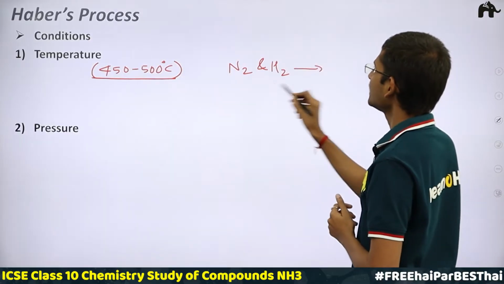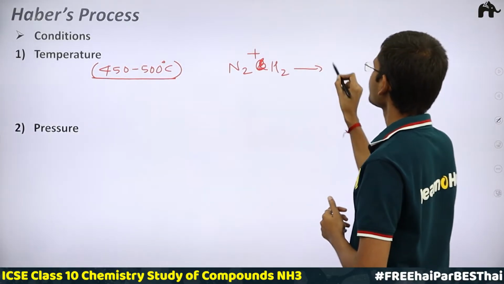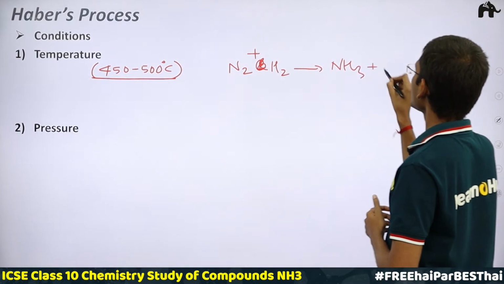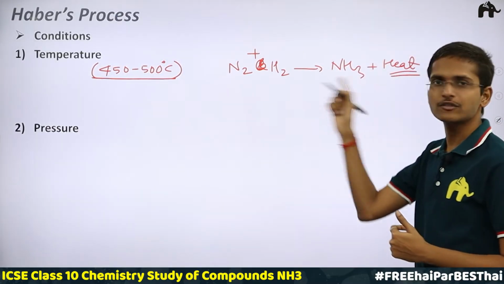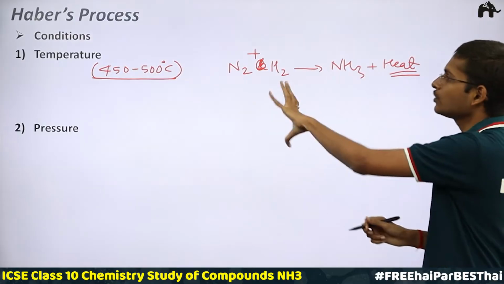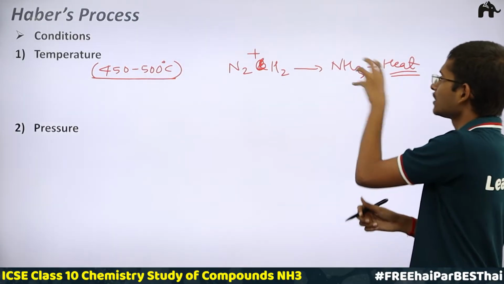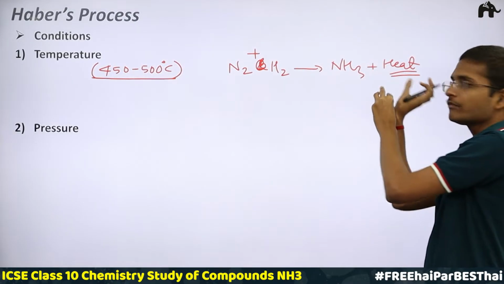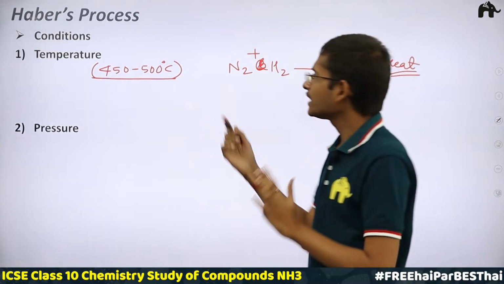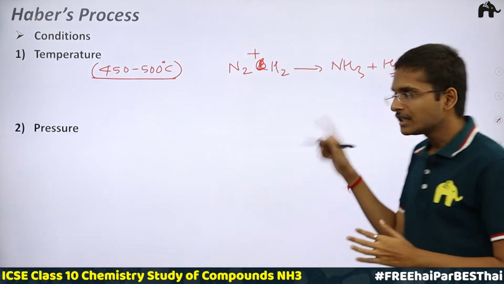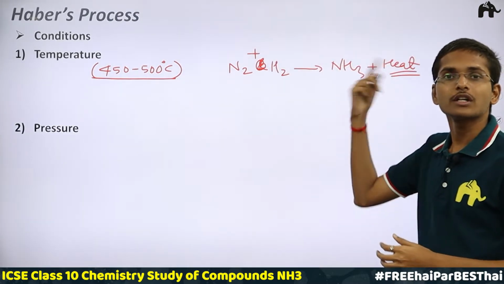Because once they are heated, N2 and H2 give us ammonia, and along with ammonia there is generation of heat because the reaction is exothermic, as I have told you earlier. So once we have heated them, ammonia is formed, along with it the heat is generated, and then we don't heat the incoming N2 and H2 again.